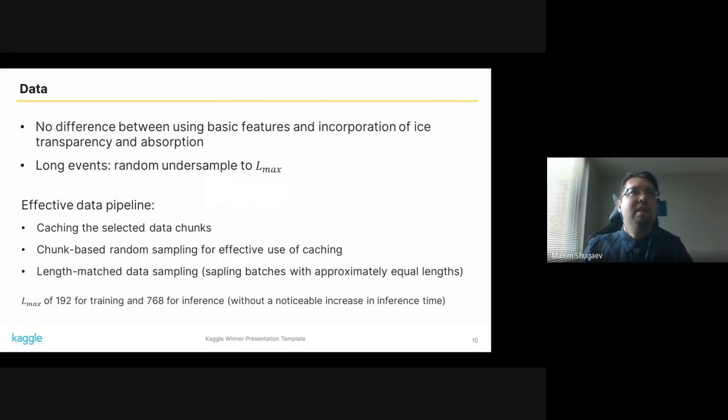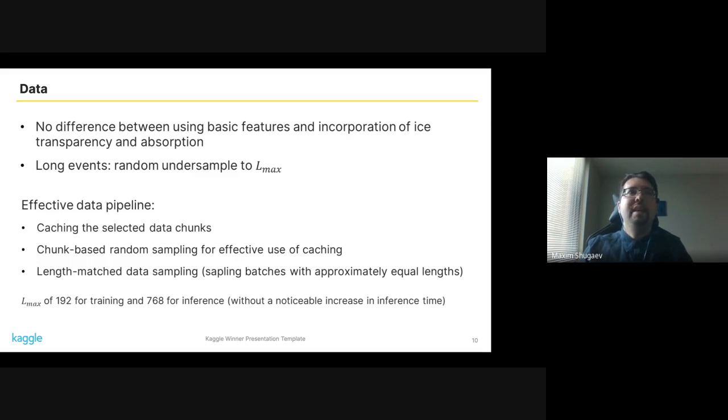So our data pipeline consists of the following things. First, we do caching of the selected data chunks to minimize the computational cost of data reading and processing. Next, we use chunk-based random sampling for effective use of caching.